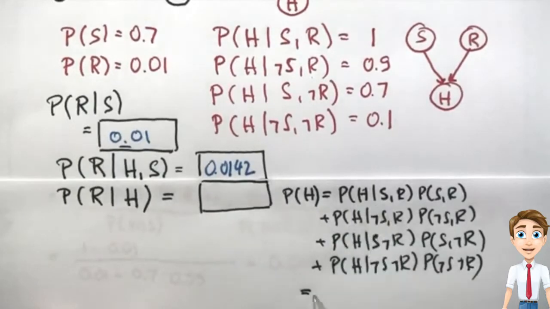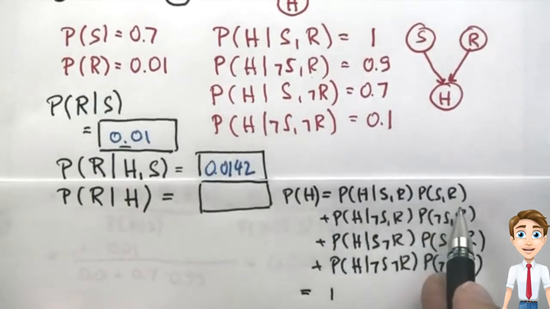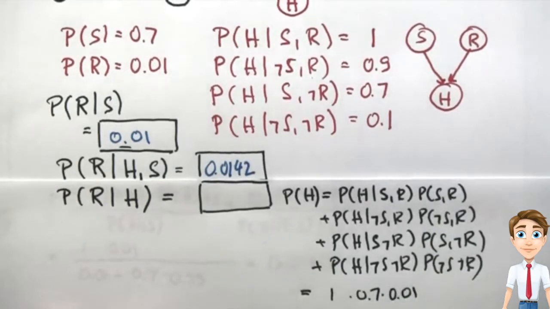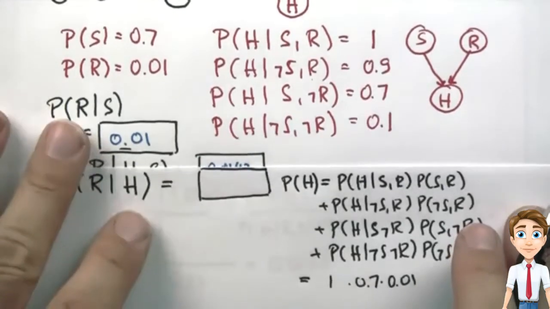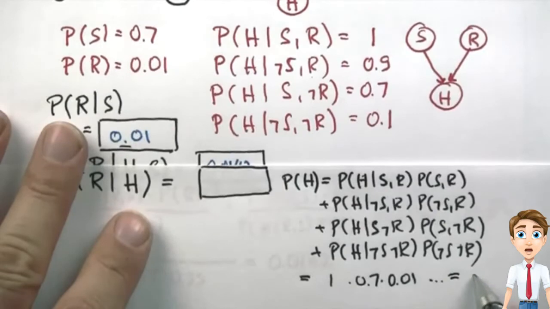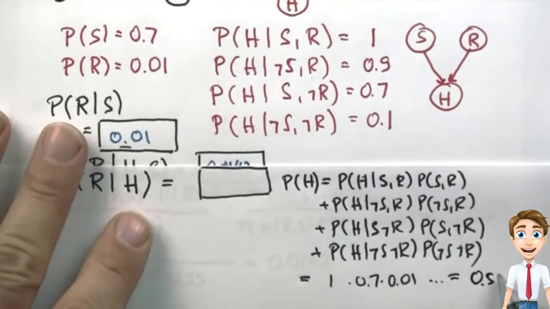This one over here is 1. And this one over here is the product of S and R, which is 0.7 times 0.01. And as you plug all of those in, you get, as a result, 0.5245.